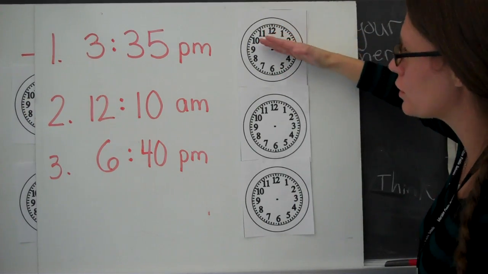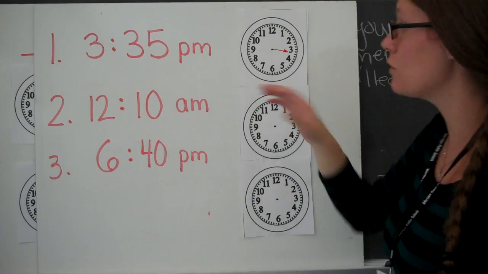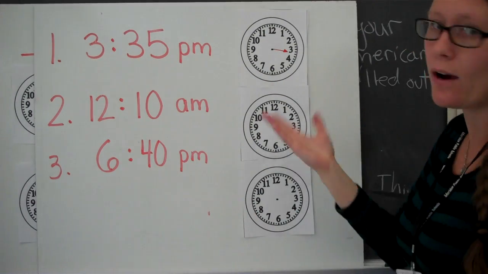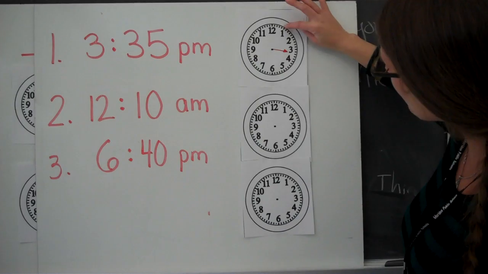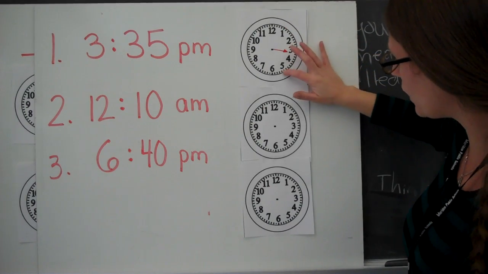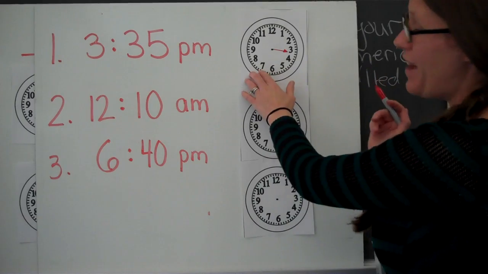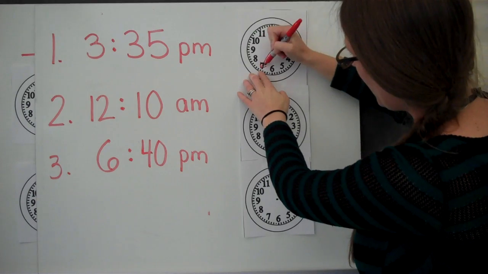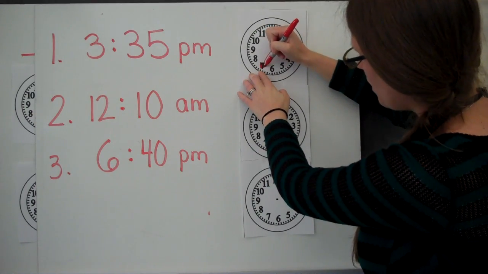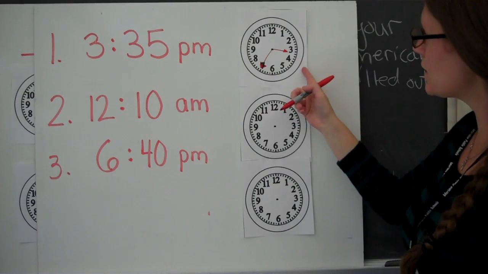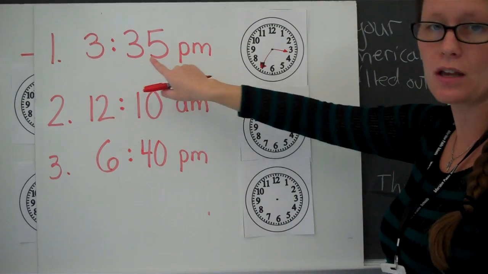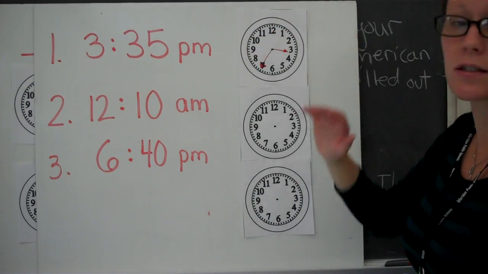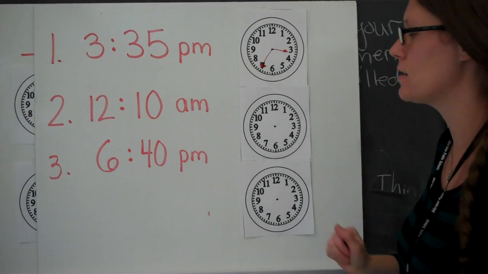It's a little bit below the 3 because it's getting kind of close to 4 o'clock. My minute hand is at the 35, so I'm going to count and find out where 35 is. 5, 10, 15, 20, 25, 30, 35. That's my long hand, so I'm going to draw it nice and long. That way I know that it's pointed at the 35. This clock shows 3:35 p.m. It's not exactly on the 3 because some of this hour has passed.